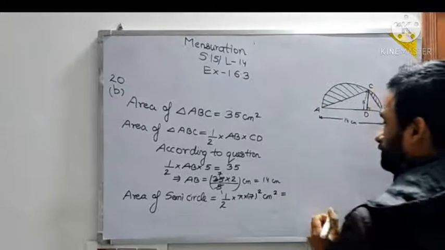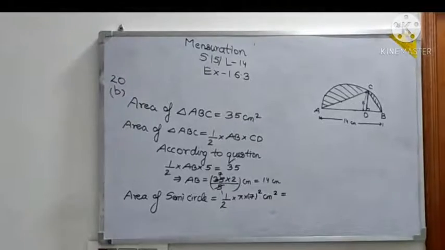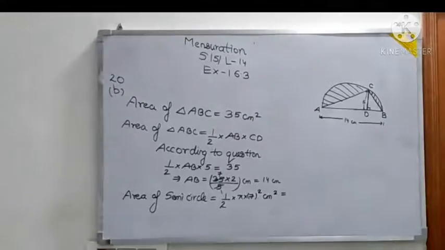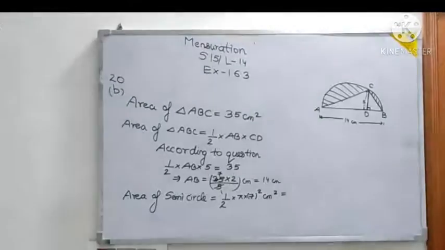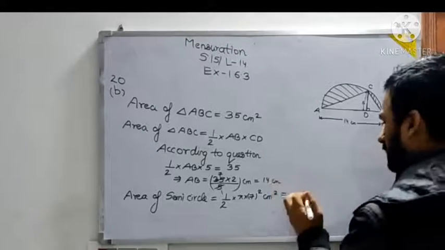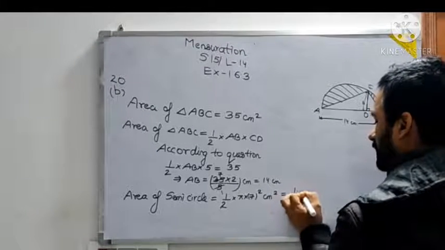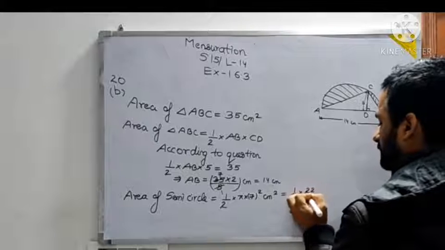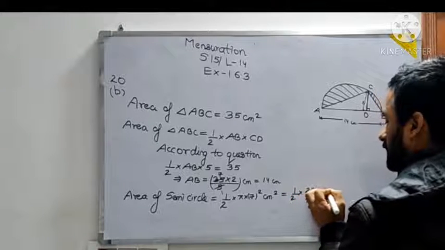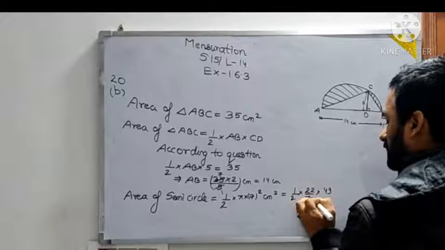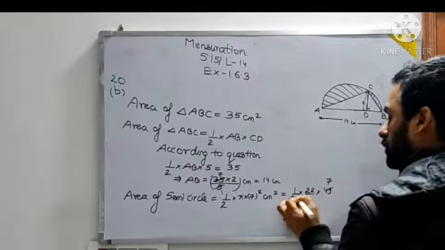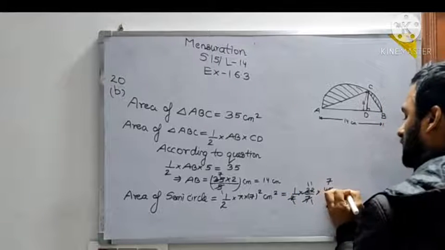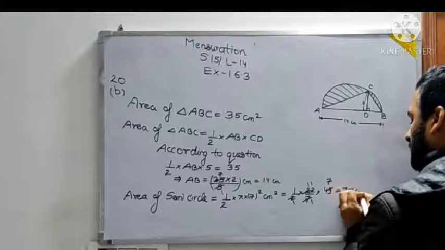In the triangle we will not be getting any pi, so we have to put the value of pi and get the answer in number form. So half into pi is 22 by 7 into 49, 2 1s are 2, 2 11s are 22, so 11 7s are 77 centimeter square.